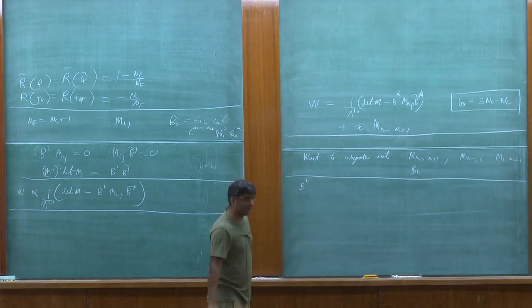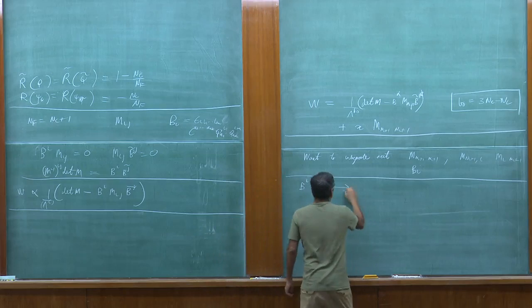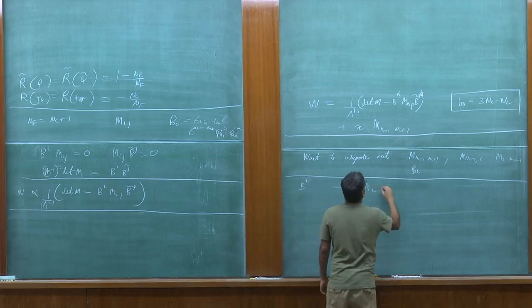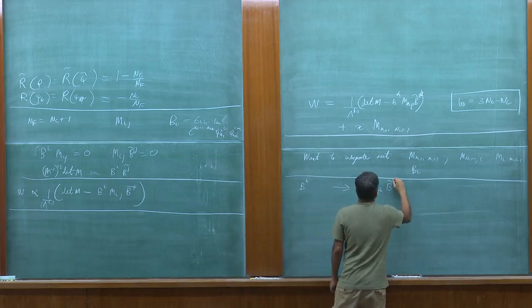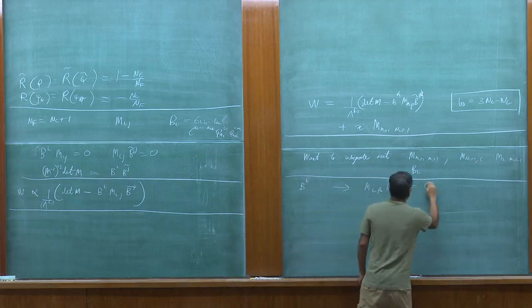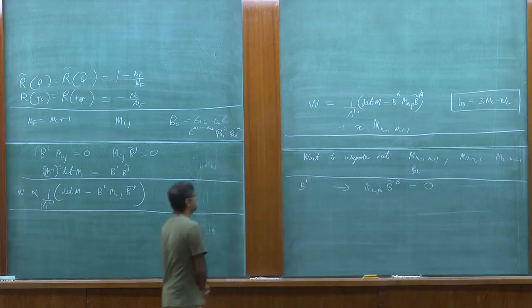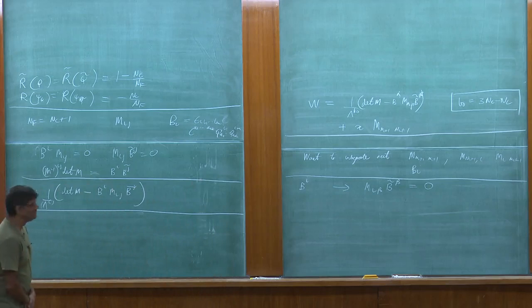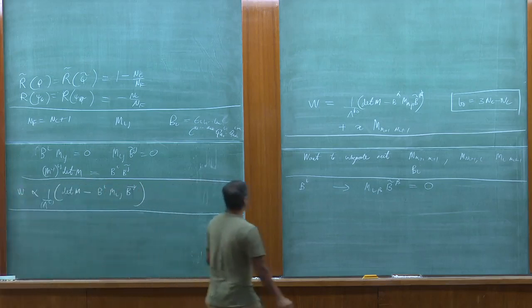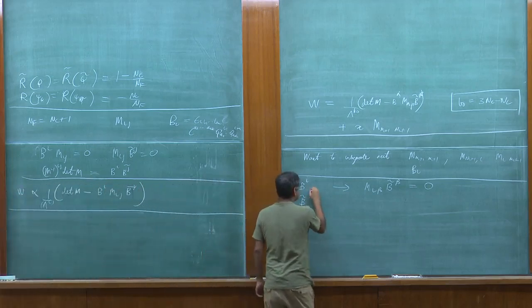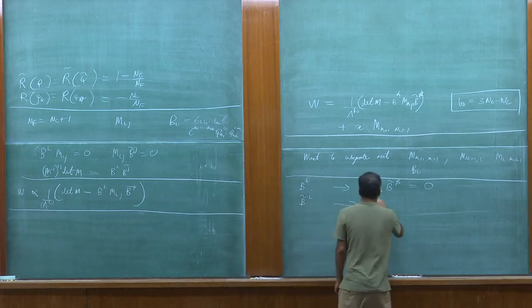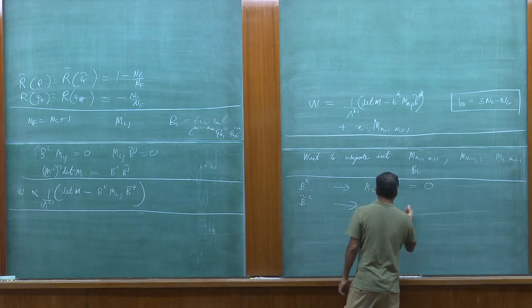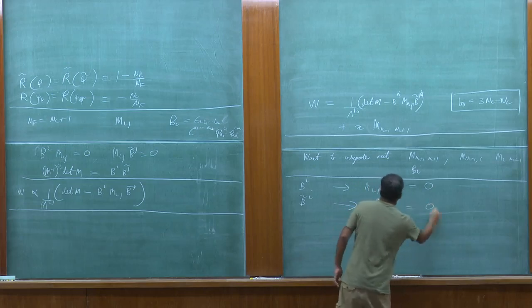So we integrate out B_I, that tells us that M_{I beta} B tilde^beta is equal to 0. Right? Then we integrate out B tilde_I, that tells us that B^alpha M_{alpha I} is equal to 0.